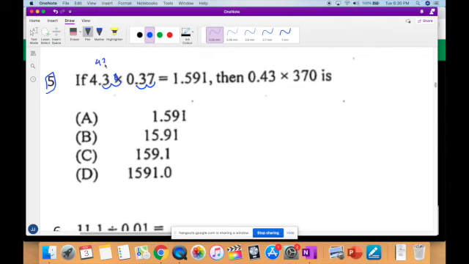Then you have to carry this 1, 2, and so that's 159.1. Yes. And what now? When I multiply, I shift back the point.